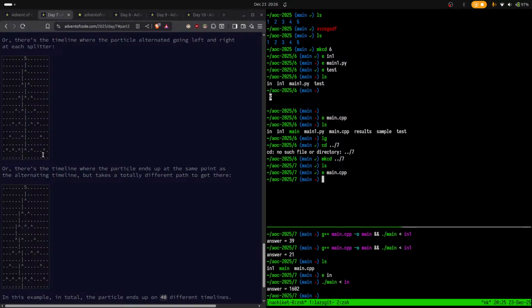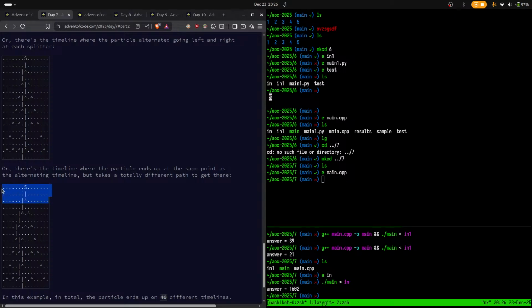So let's say the input was just this much, and let's say only the first two rows, then the number of timelines would be one. We arrive at this.